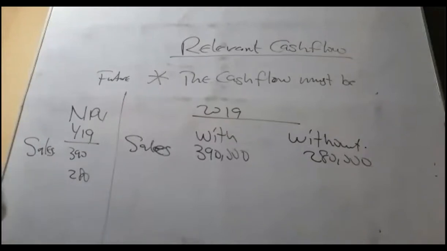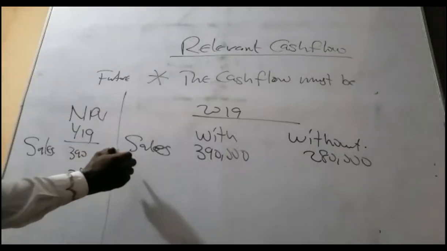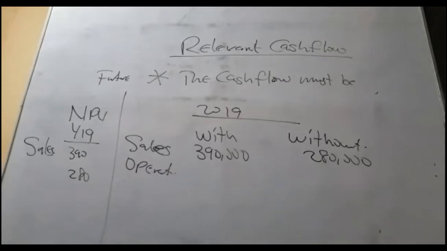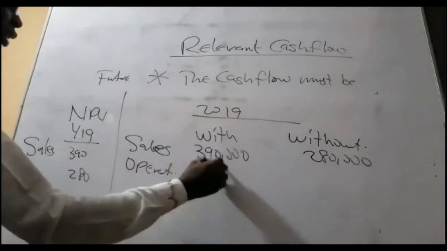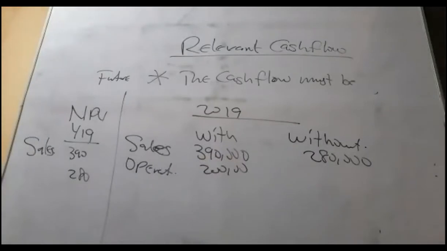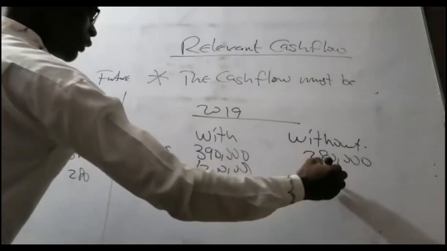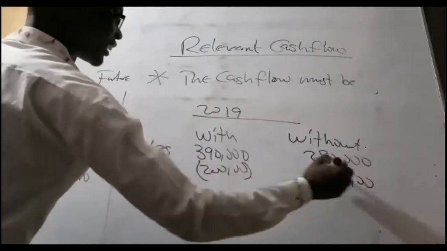This is a question. There's a certain project, and now you want to appraise the project. These are the details given to you. These are the operational costs: here is 200, then here is 150.